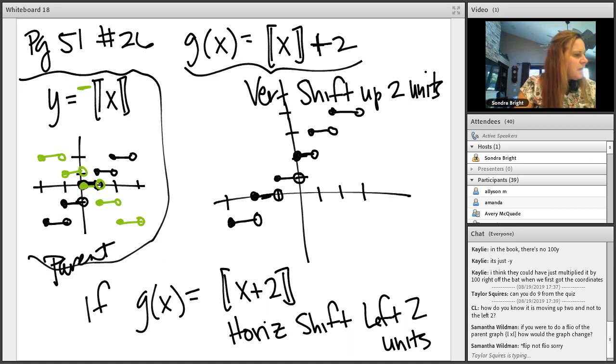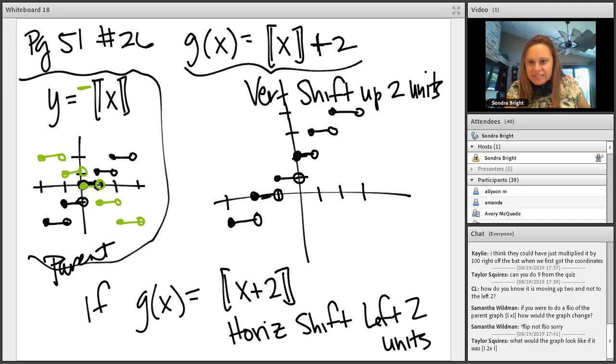Determine whether f of x and g of x are inverses of each other. I'm going to skip that one if that's all right with you guys, just because I see you got a huge list and we only have, what, how long do we have? We have 20 minutes left, and if we still have time at the end, I'll come back to that one, but you are not going to need to be going back and forth like that.